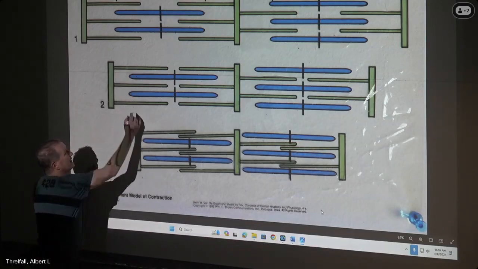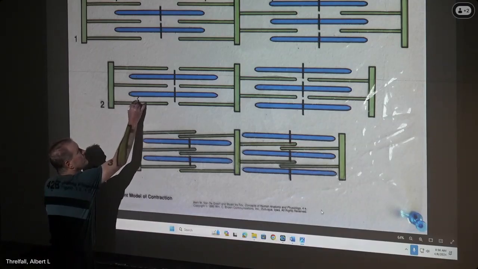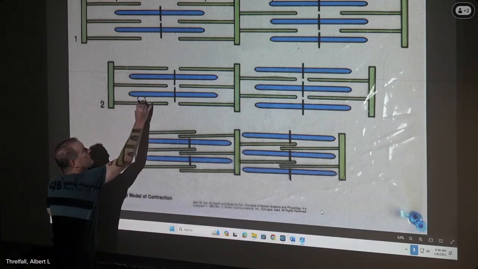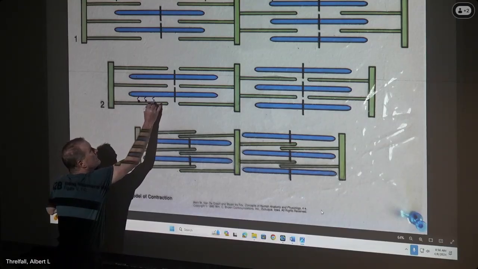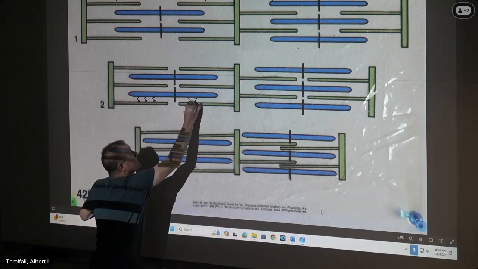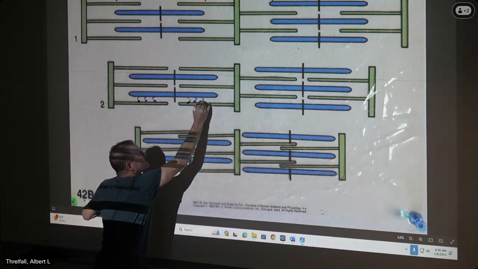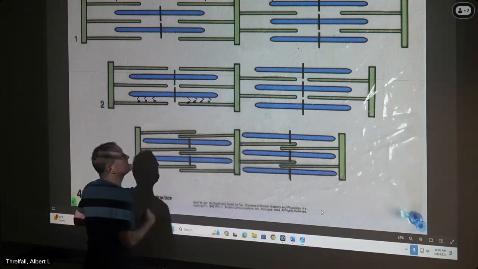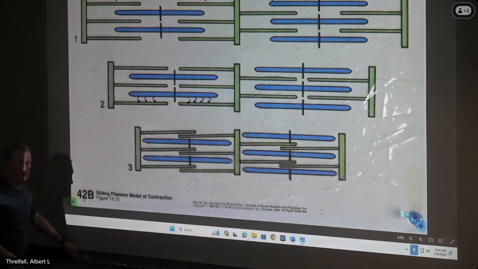Thank you, I had forgotten. Myosin has these little heads that dangle from it. And those little heads are going like this, pulling on actin.